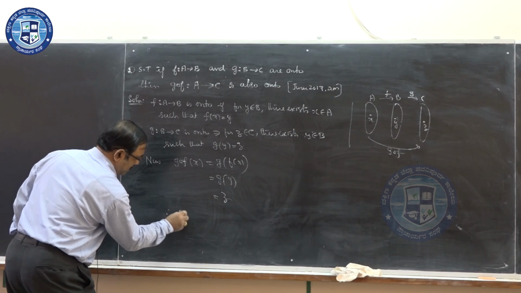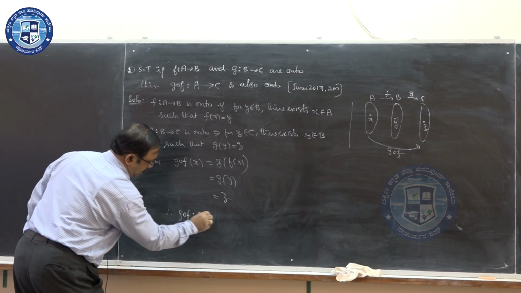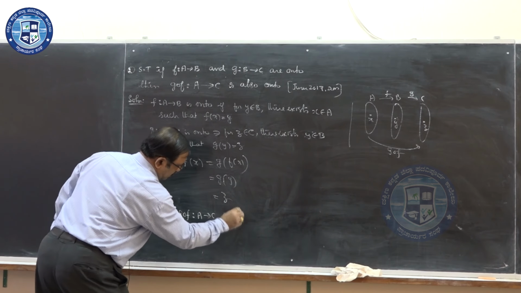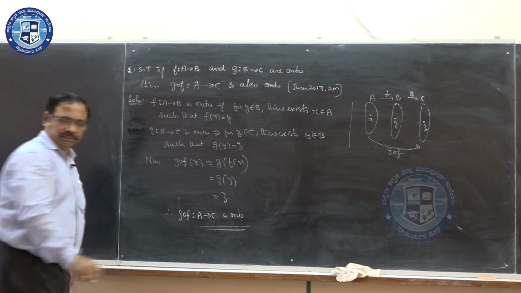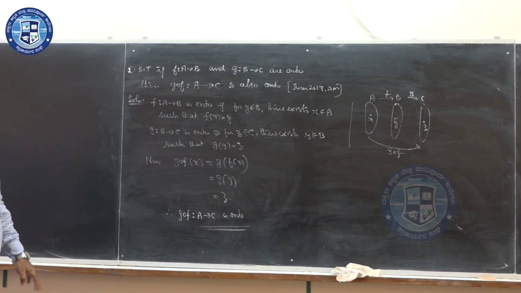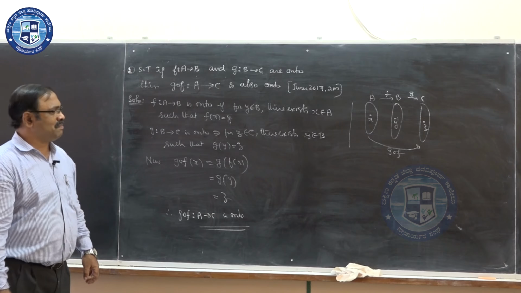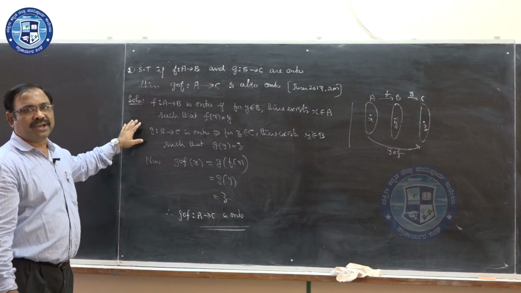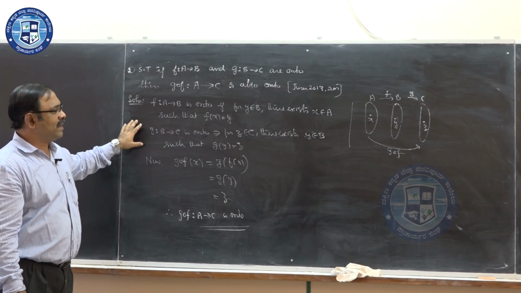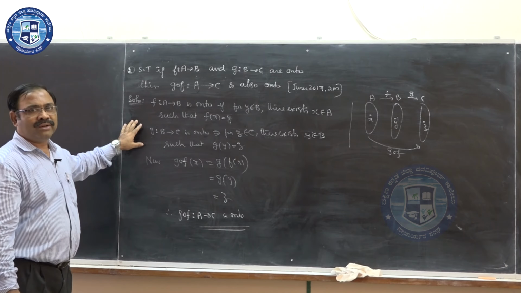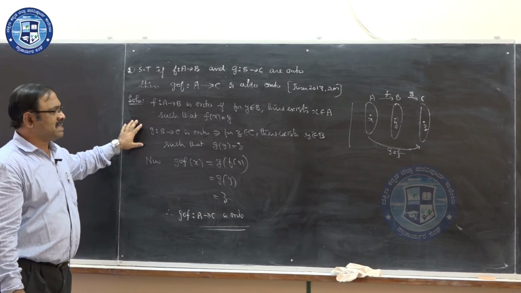Therefore g composite f from A to C is onto. So almost we have completed maximum problems of one-to-one and onto functions. From exam point of view all these are very important. Then we are remaining with one more small section, that is binary operation.